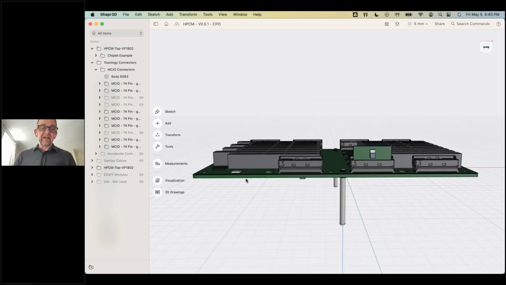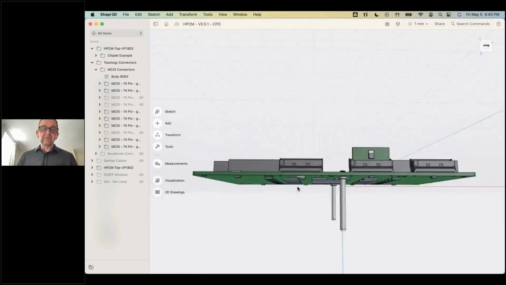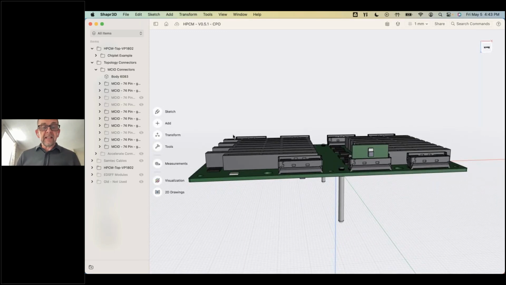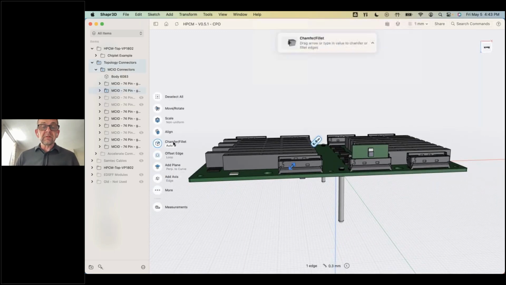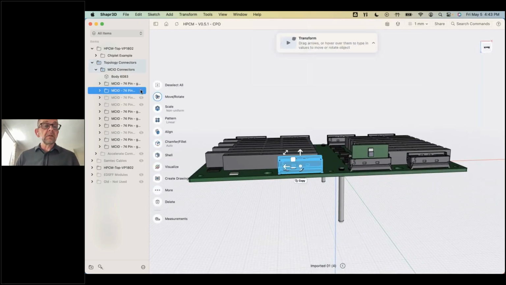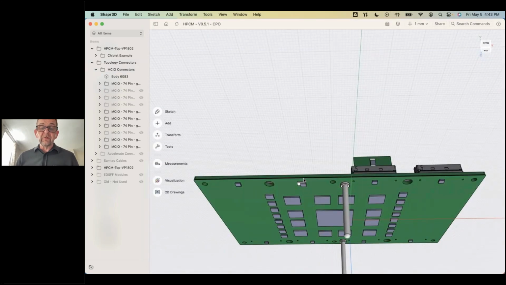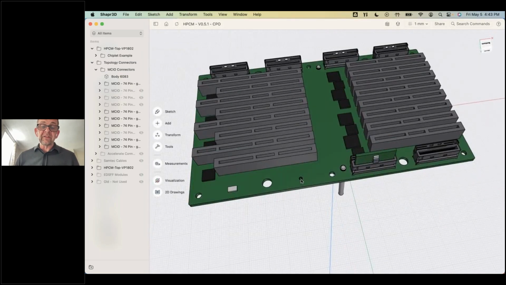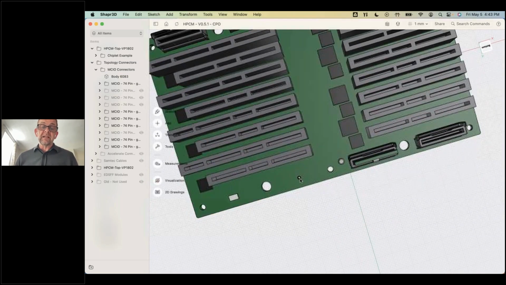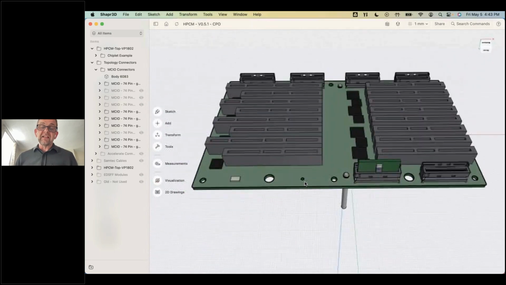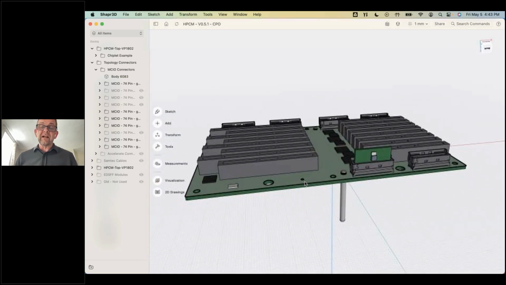That would be a manufacturing process that you need to go through. And then on this other one, if I just hide this one as well. Here we've got, on this side of the board, a hole through the board with the optics coming through it here. So that could then drive into a passive optical cable.